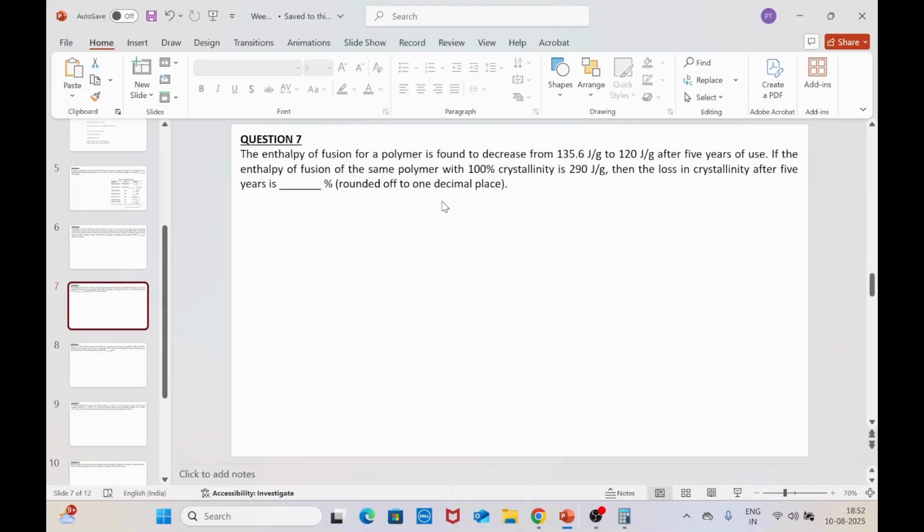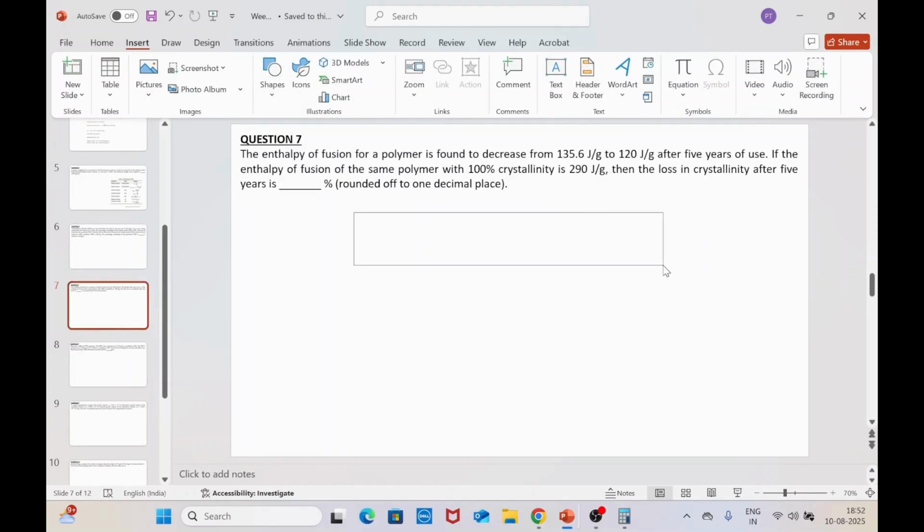And what is your delta HF? Xc is your crystallinity, right? And delta HF is... what do you actually mean by delta HF and delta HFC? So what will be the equation then?